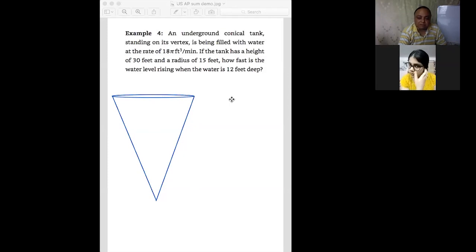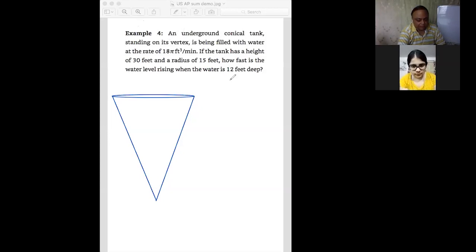Right. So we have this problem where you can see an underground conical tank standing on its vertex. Now it's being filled with water at the rate of 18 pi feet cube per minute. What does it mean?